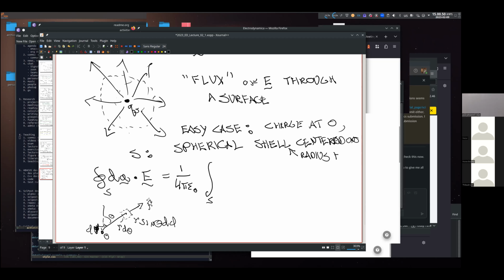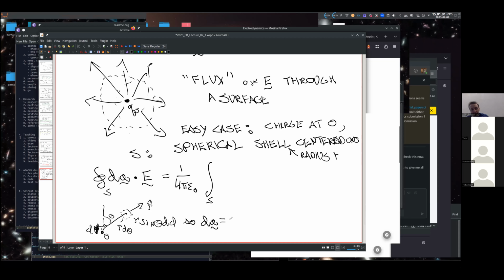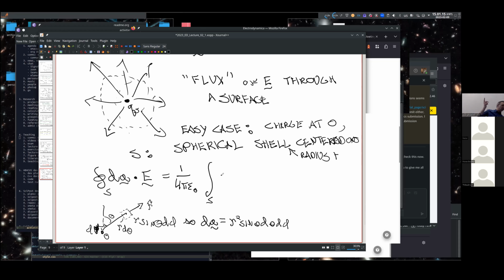So that's the little differential element. So dA in this case is equal to r squared sine theta d theta d phi. And now I'm just integrating over theta from 0 to pi and phi from 0 to 2 pi.